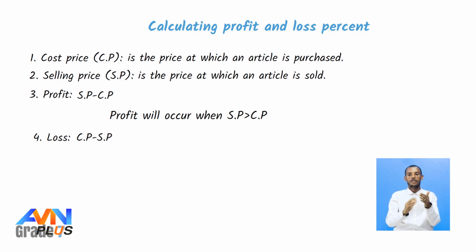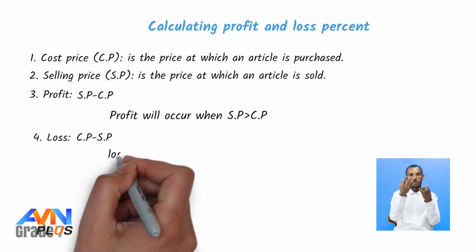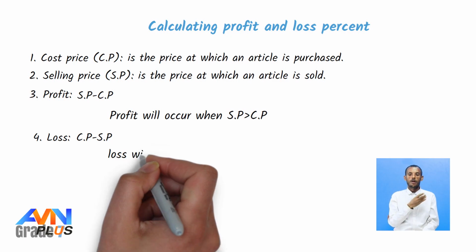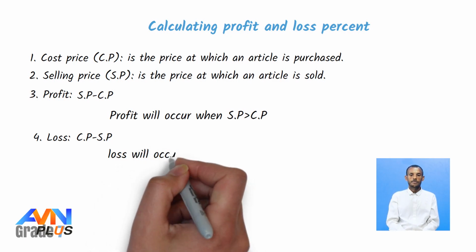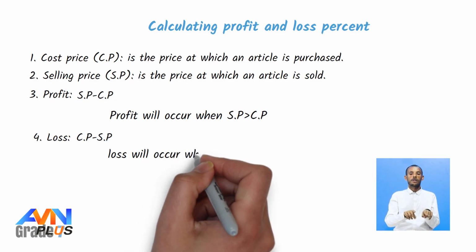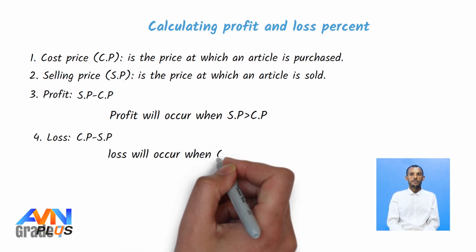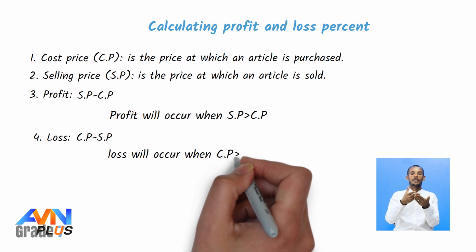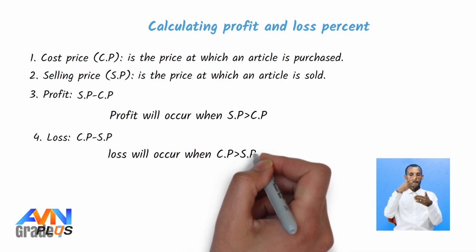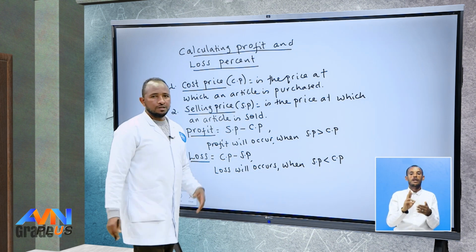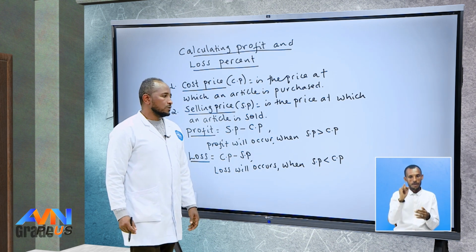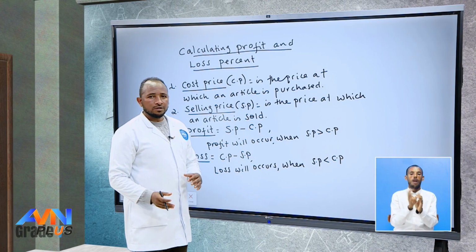So loss occurs when the selling price is less than the cost price. So these are some of the terms that we use to calculate profit and loss percent.